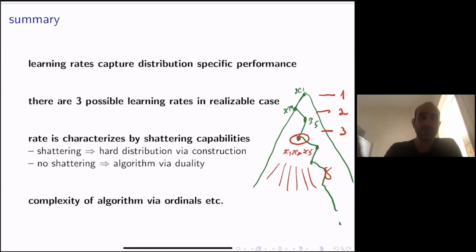But this is a worst case. No matter what the distribution is, the number of samples you need is d over epsilon. Now imagine that you have the distribution fixed and you let epsilon go to 0. How does the size of the epsilon net change for a fixed distribution as epsilon goes to 0, rather than for a fixed epsilon over the worst case distribution? This is the variant of this question in the world of epsilon nets and epsilon approximation.